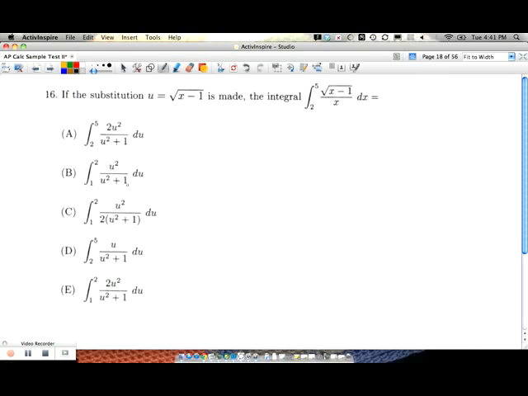Number 16, this is a substitution. All year long I've done substitutions. I haven't actually done a lot of substitutions where we work with the limits, but it's pretty much the same thing. We know that u equals square root of x minus 1. That means that this piece here is going to become u. So in our new integral, we're going to have a u on top.